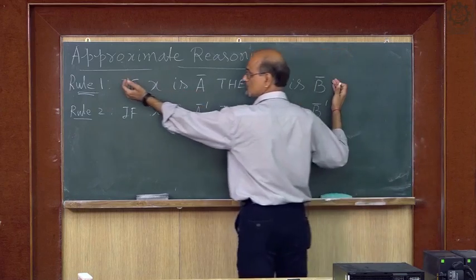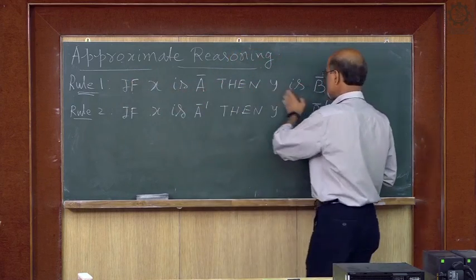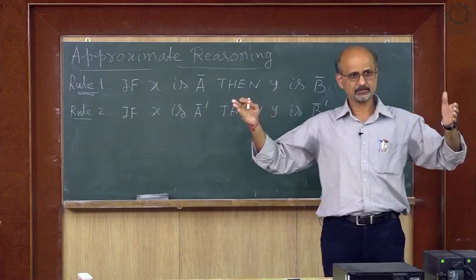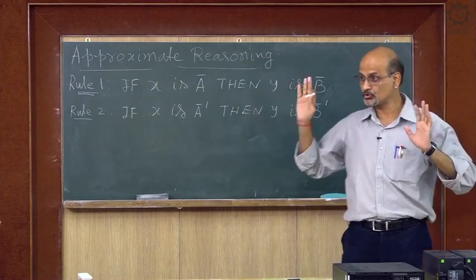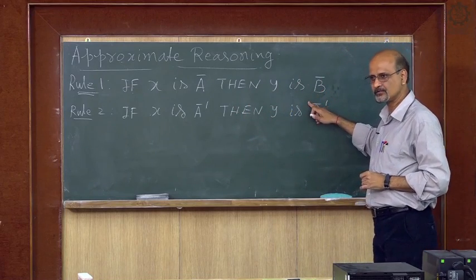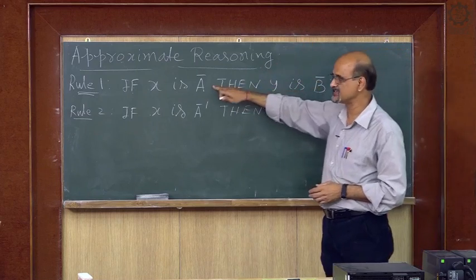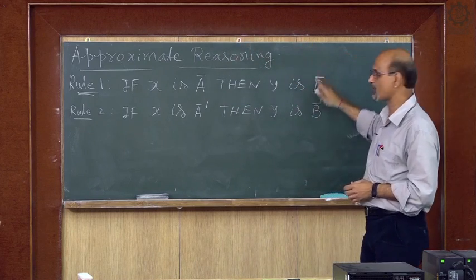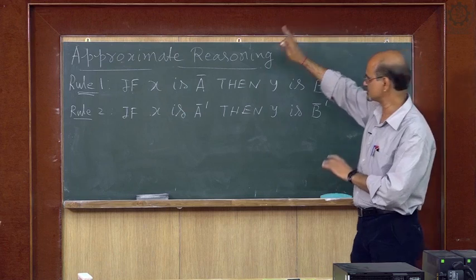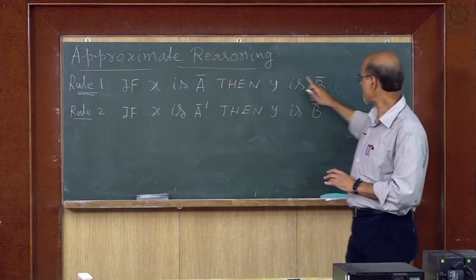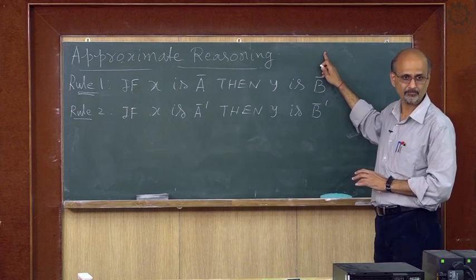So, you know how to do this if you have A bar, B bar in terms of fuzzy sets. A bar is in universal set X bar and B bar is in universal set Y bar.